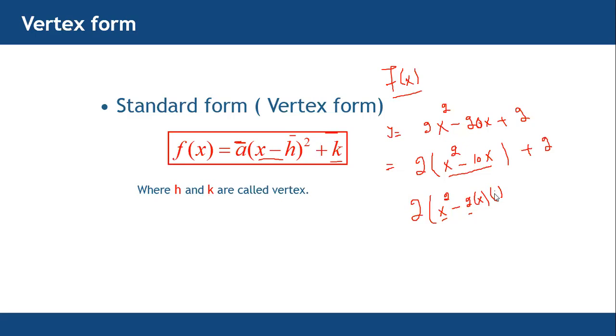But if you multiply 2 with 5, it's 10, so b is 5. Now we know that b is 5, so add b square here to complete the formula. It means 5 square.